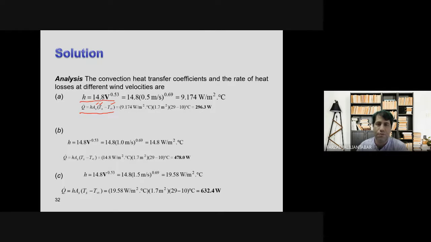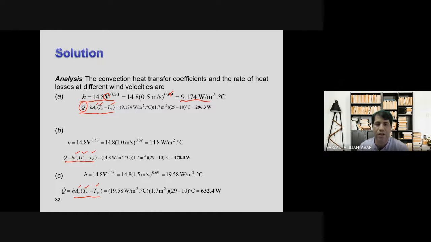h is equal to 14.8 V power 0.53, given in the question. If we substitute the velocity in this equation, we can calculate h. And after we have calculated this h, we can simply substitute here and find Q dot for this velocity. For parts B and C, all of this information is the same, nothing changed for them.